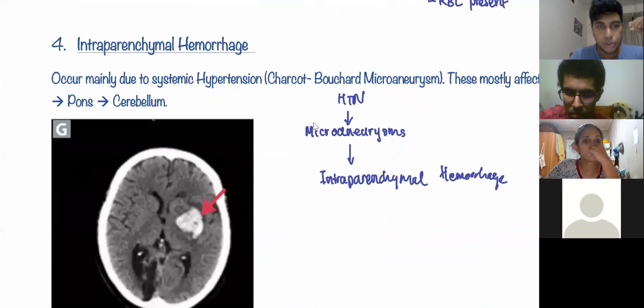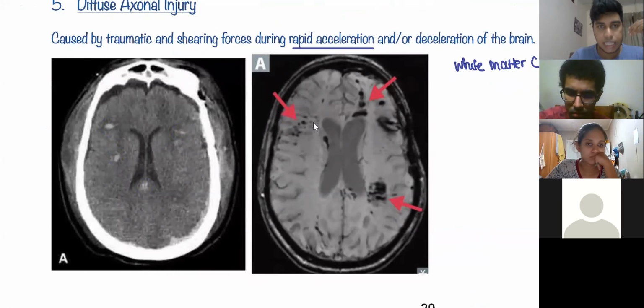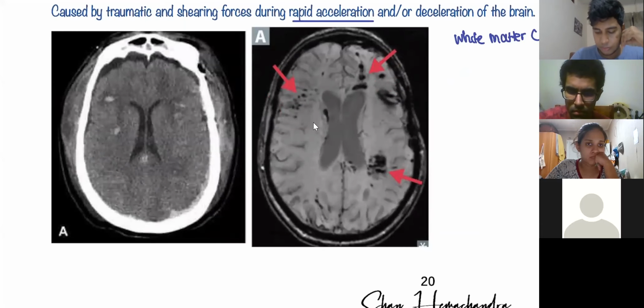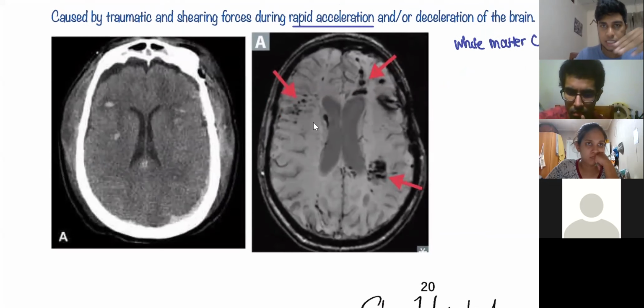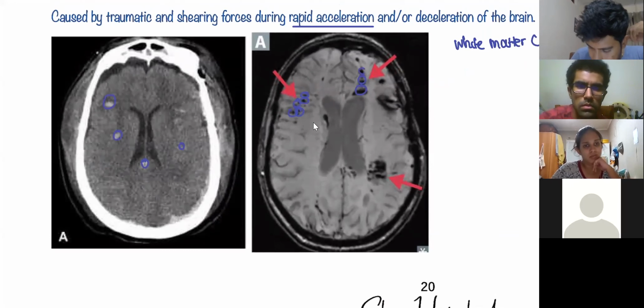And there are small vessels, so the parenchyma is going to be filled with small vessels. If there is rapid acceleration injury, remember the veins that couldn't move around, those can be damaged. So you get tiny, very focal hemorrhages.